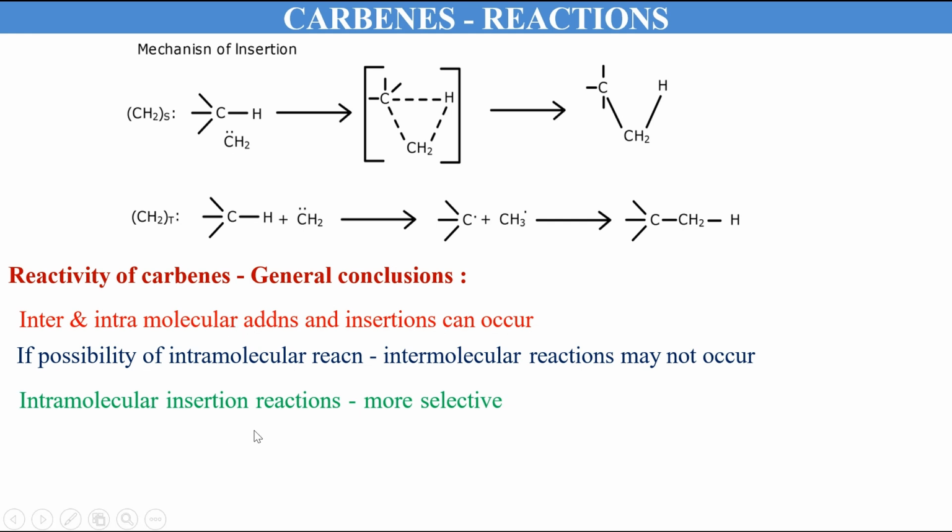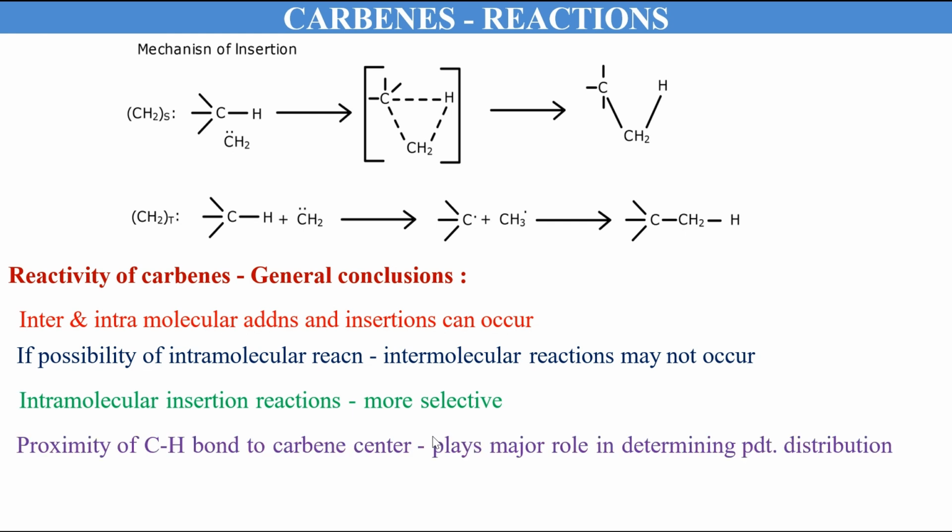The intramolecular insertion reactions are more selective in nature than the intermolecular insertion. And which product is formed depends upon the proximity of the carbene towards the carbon-hydrogen bond. In the intramolecular case, they are in more proximity. That's why there is more selectivity, and the product formed will be the intramolecular product.